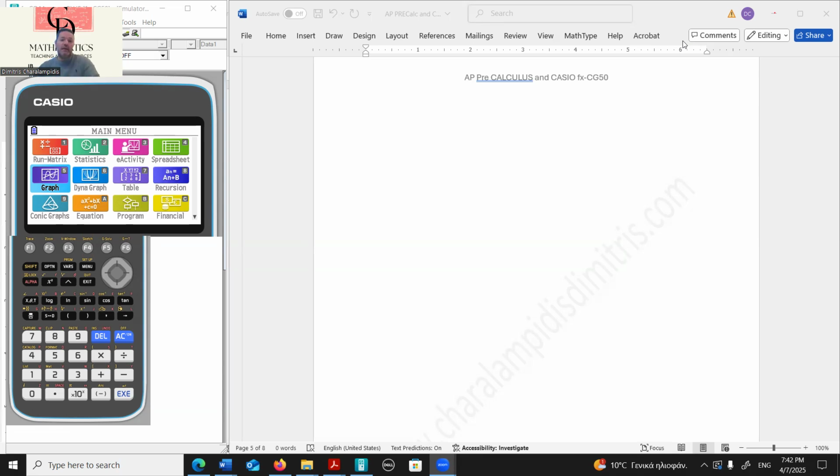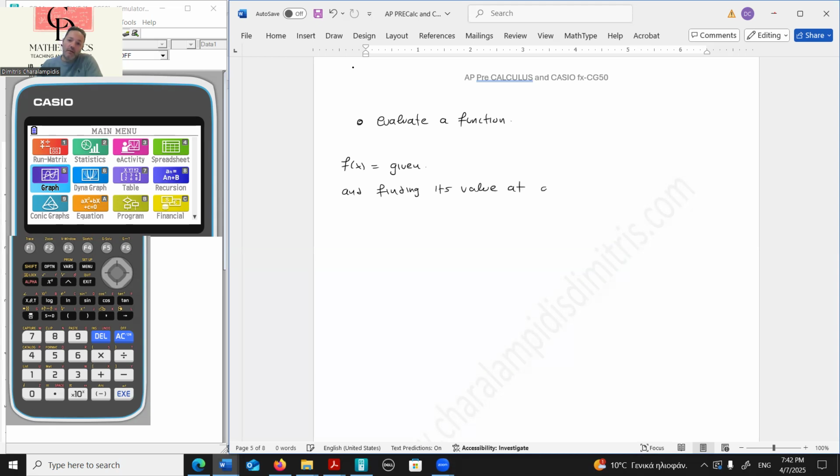Now we will take a step further and see how we can evaluate a function. By that, I mean having a given function and finding its value at a specific point, at a specific x value or input.